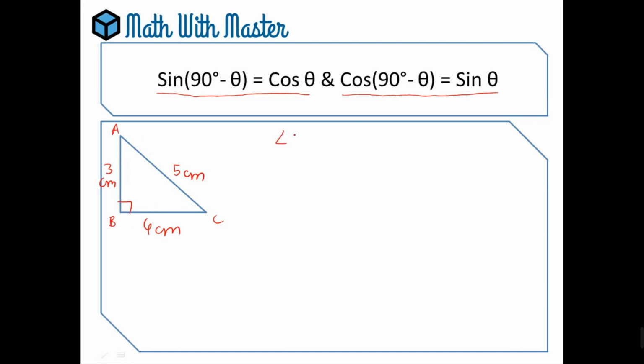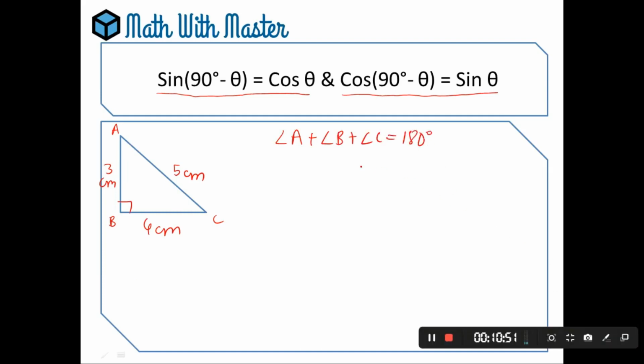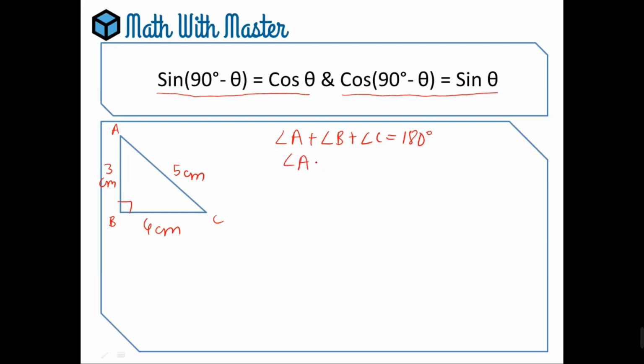Okay. So here our angle sum property is angle A plus angle B plus angle C is equal to 180 degrees. We know our angle B is 90 degrees. So angle A plus 90 degrees plus angle C is equal to 180 degrees. Then angle A plus angle C is equal to 90 degrees, which means angle A and angle C are complementary angles.